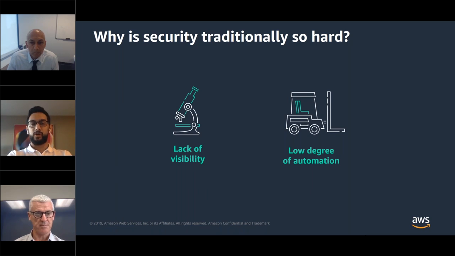So the goal of automation is to programmatically handle tasks that would otherwise be done manually, and this is much easier in the cloud, as we'll see. So this combination of lack of visibility into your own environment, coupled with a low degree of automation, compromises an organization's ability to move quickly and effectively secure their on-premises infrastructure.